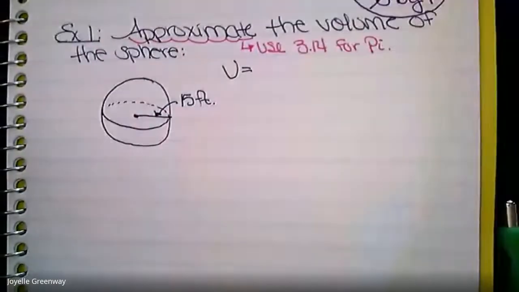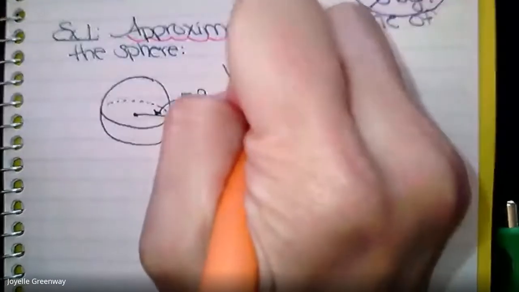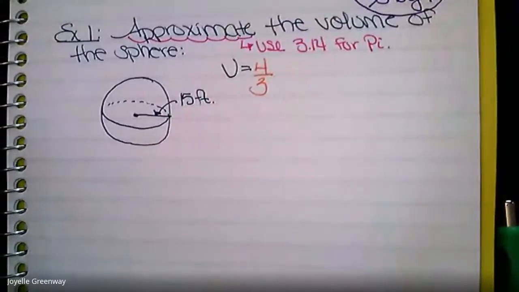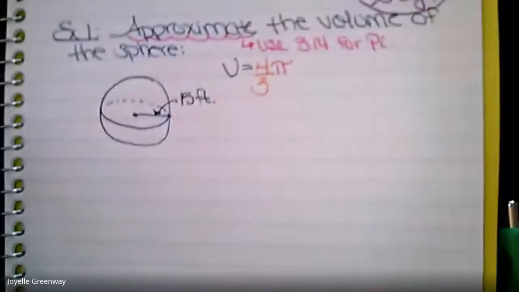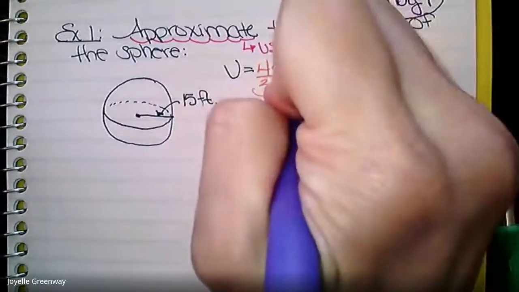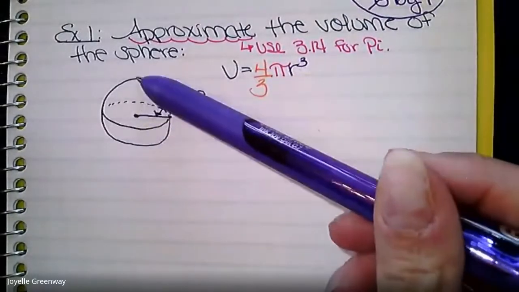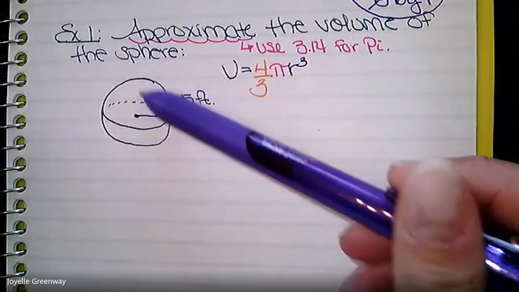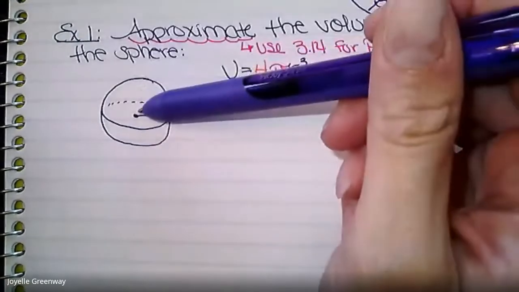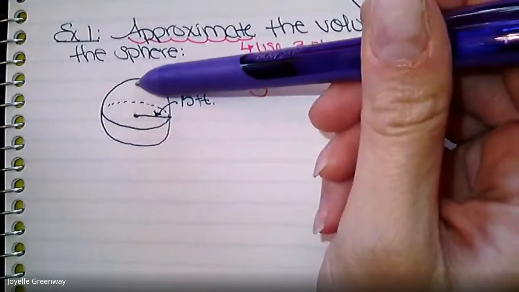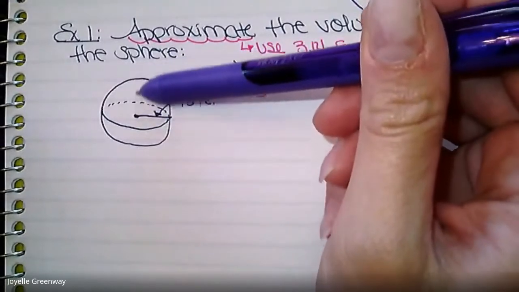So we have volume is equal to 4/3 pi r cubed. And if you think about it, there's no real height for a sphere because that would be another radius.